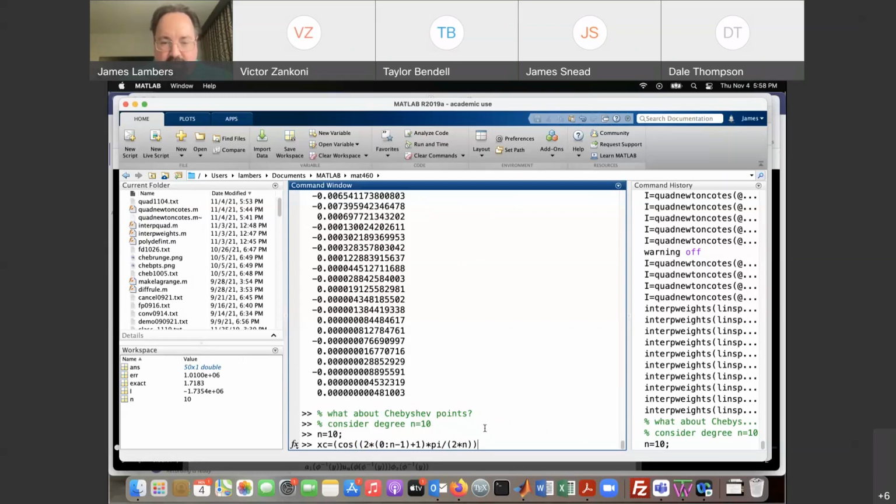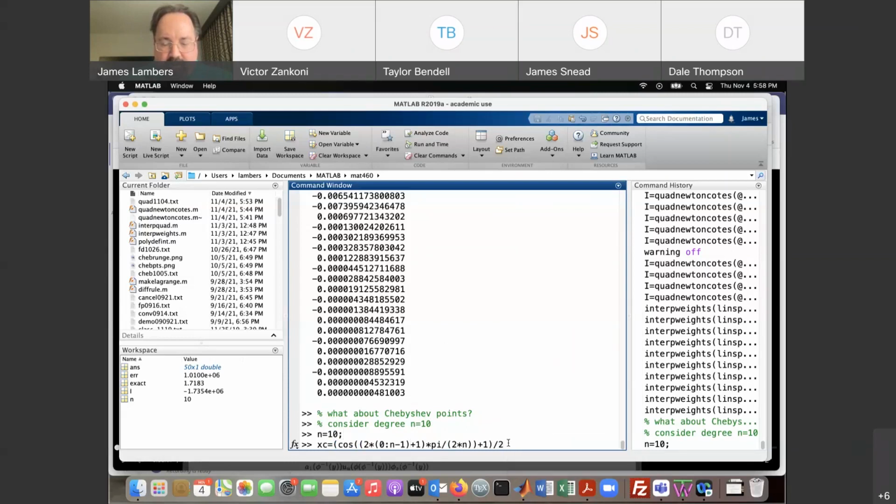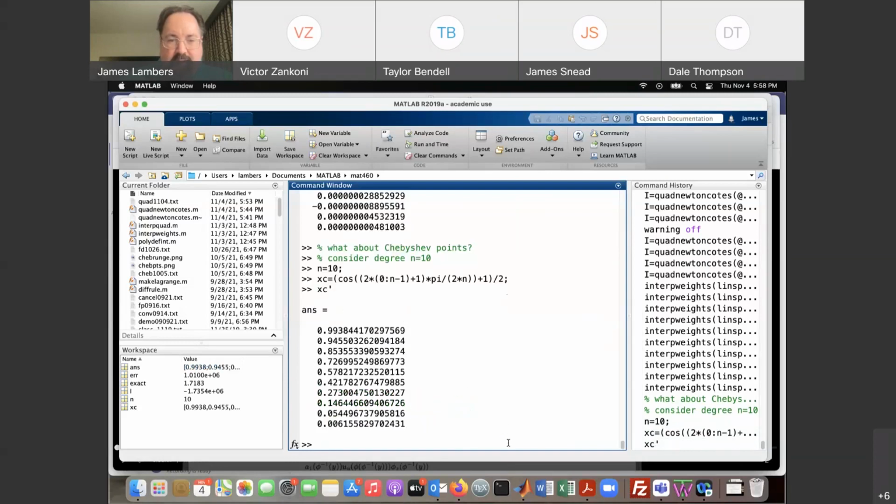Then I'm going to add 1 to them, and then divide by 2. Now that's a row vector. If I make it a column vector, these are values between 0 and 1.